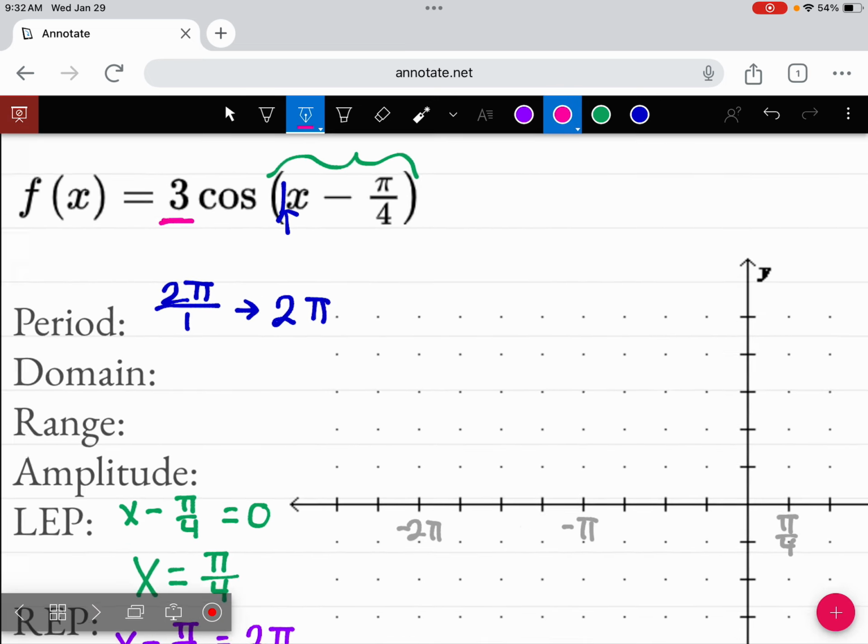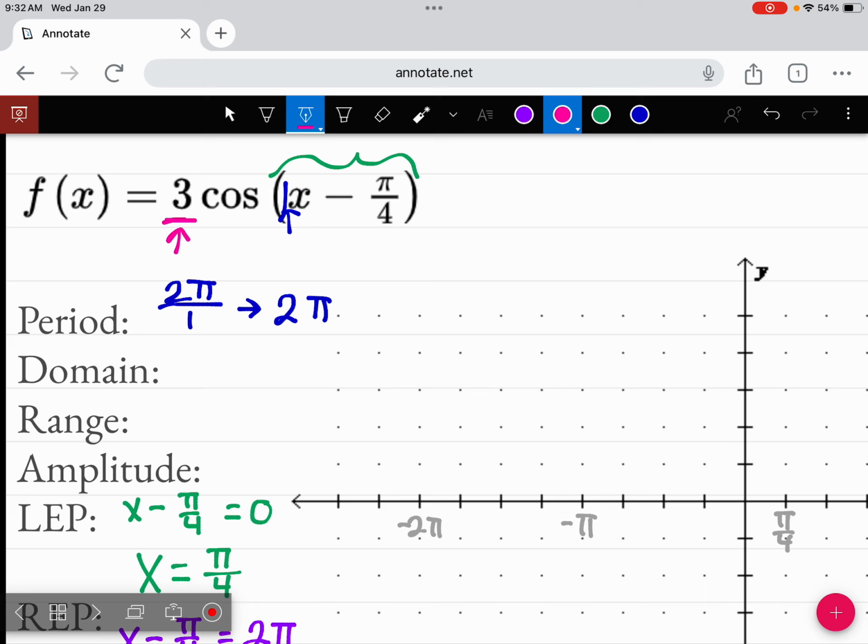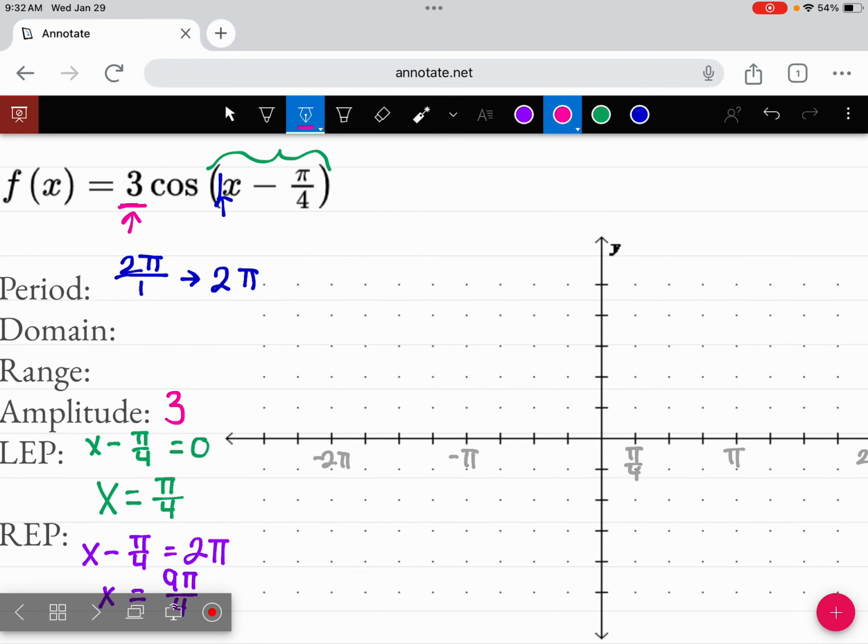All right, so we have our amplitude. That's like our A value over here. Amplitude starts with A is how we remember that. So we know this is going to be 3. What that does is when I do my left endpoint at pi over 4, instead of my cosine being at 1, we need to go up to 3. So we go up our amplitude to get to that left endpoint. We're at the right angle, but the correct height is with the amplitude.